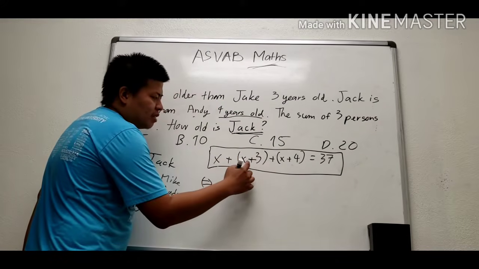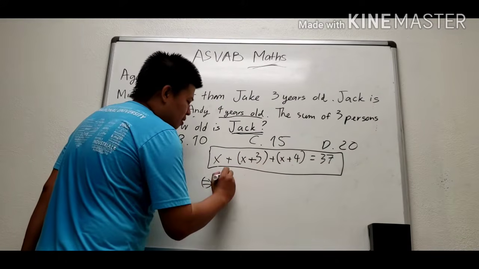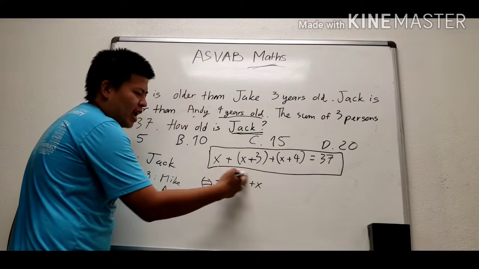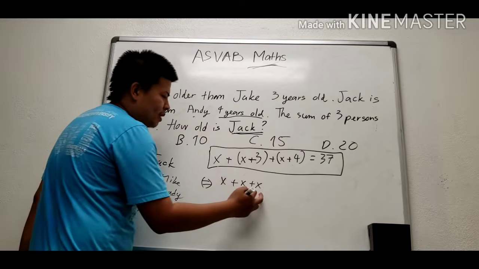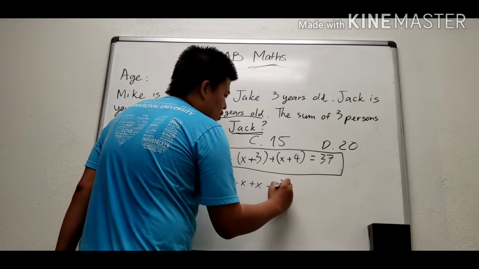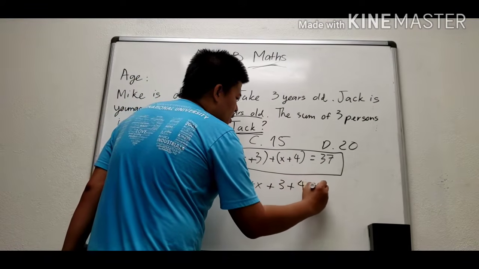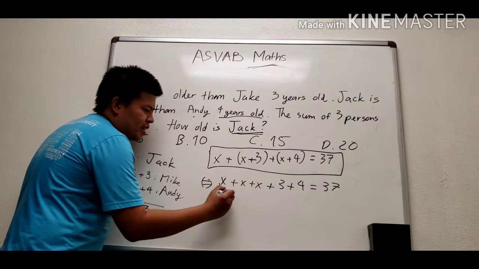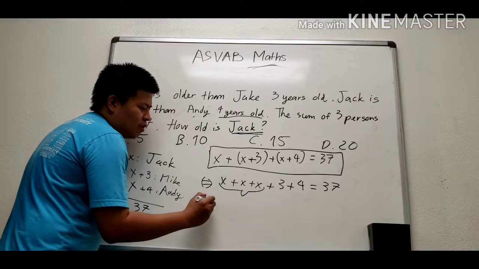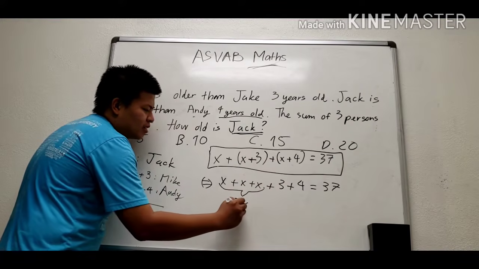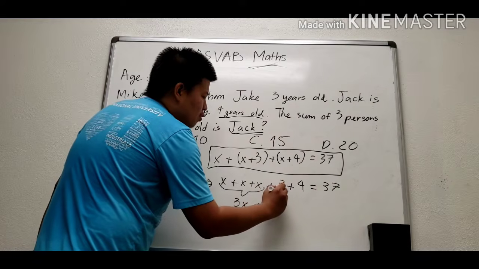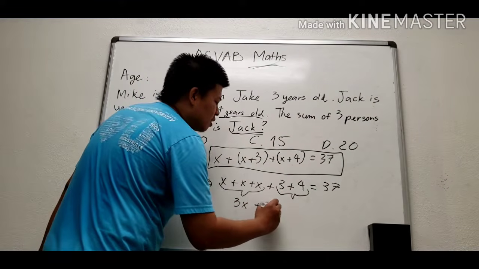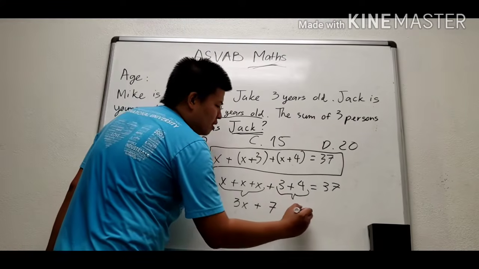We have S plus S plus S plus, because we have 3 S's here, S plus S plus S plus 3 plus 4 equals 37. We have 3 S's, so we write 3S. 3 plus 4 is 7, and we have 37.